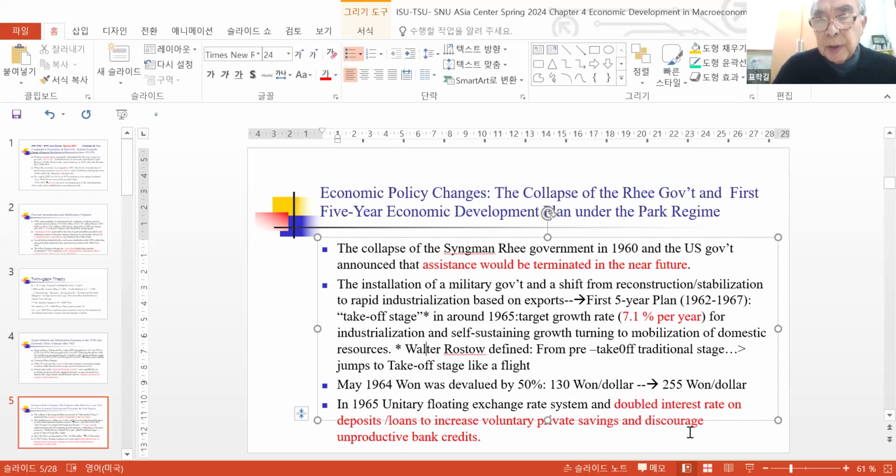Doubled interest rate means domestic savers, whom bankers previously gave 5% interest rate, are now given 15%. Okay, then they will try to save their money in the bank. On the other hand, a lot of unproductive bank credit will be discouraged.